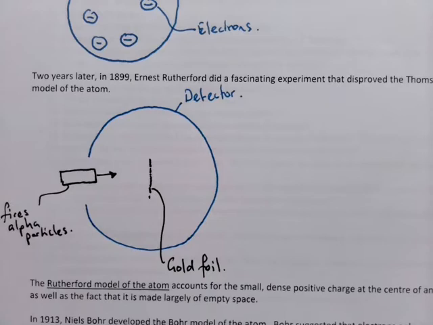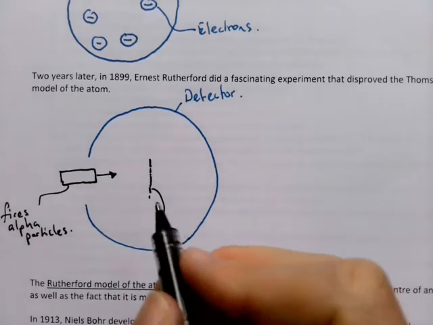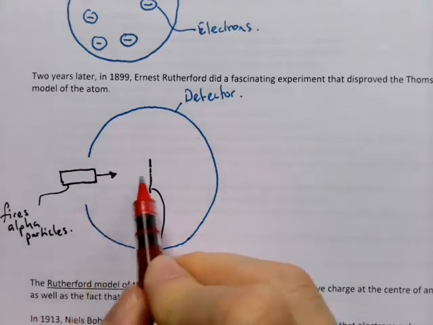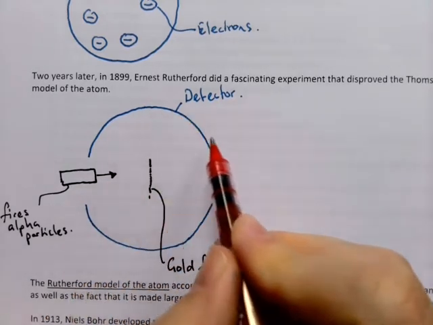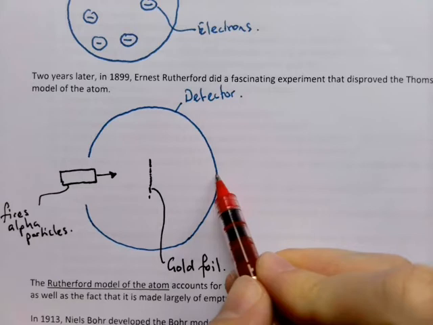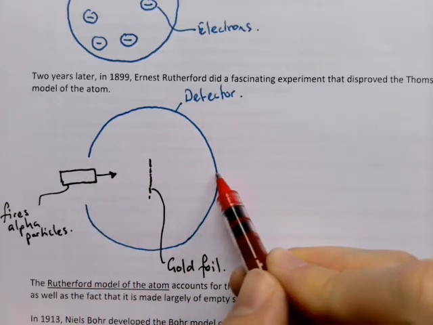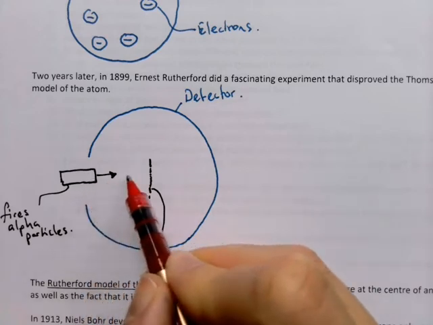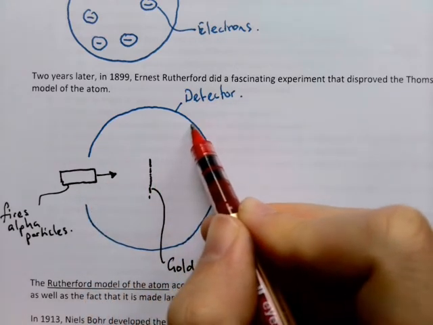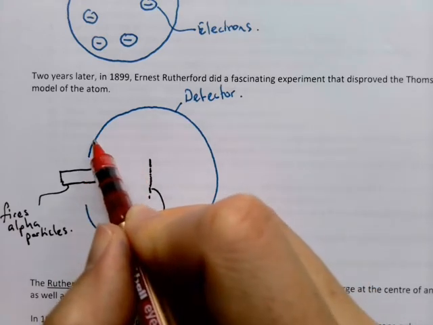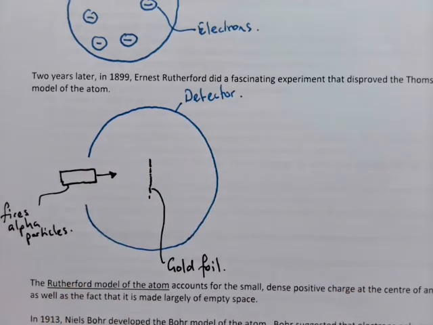Now, what happened was, he's firing these alpha particles at the gold foil, and you can see what happens to them. If a particle goes all the way through and hits here, he knows it's gone straight through the gold foil. If the particle goes here and then comes up here, he knows it's been deflected. If the particle comes back up here and he gets a signal here, he knows it's been deflected back towards where it came from.